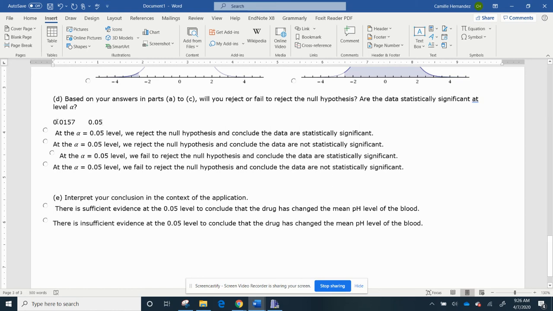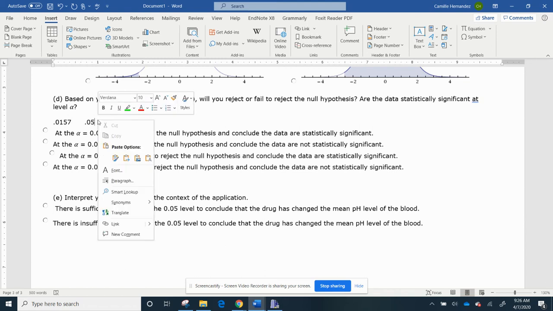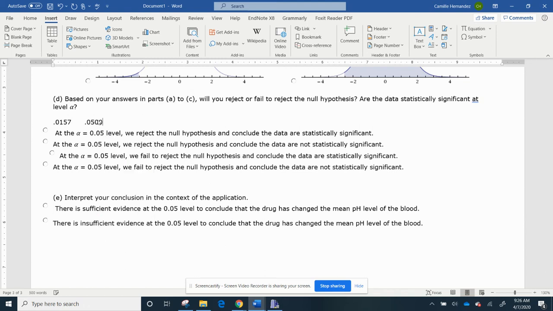I'm going to add more zeros so I have the same number of decimals. Is 157 smaller than 500? Yes, it is. So I'm going to put my symbol in here. Since this is a true statement, I reject the null. If that is confusing, go back to the last video I did for 8.1. I talk about it in depth. So I rejected the null.